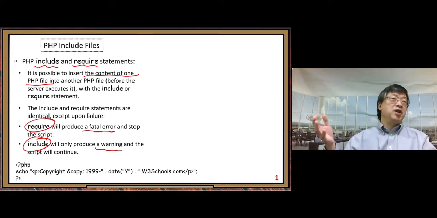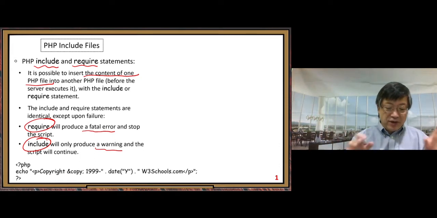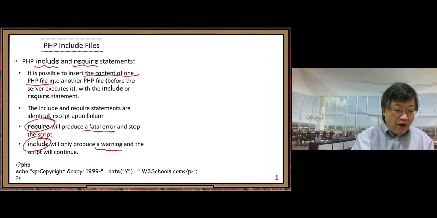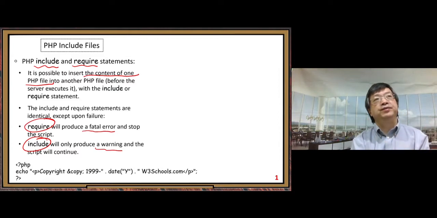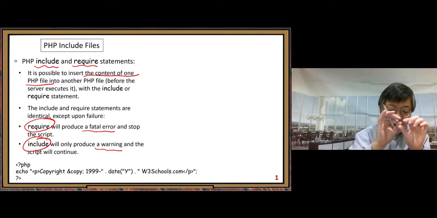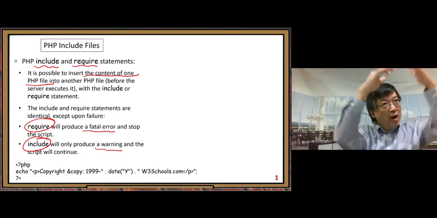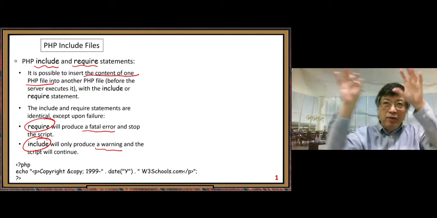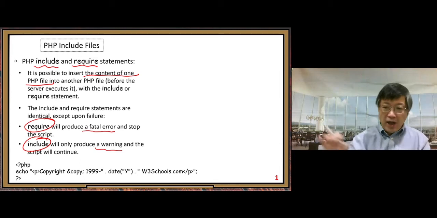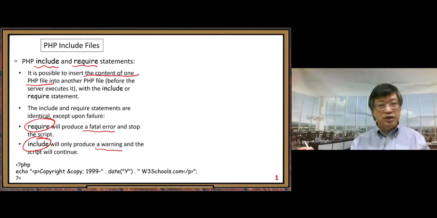Here, let's look at an example. Suppose this is the file to be included. Here you can see we want to display the footer part. In a web page, we want to show information in different places, and at the bottom of the page, we want to show some footer information.